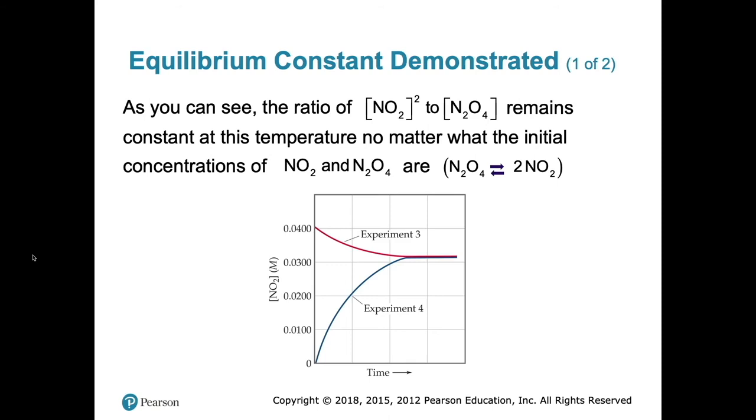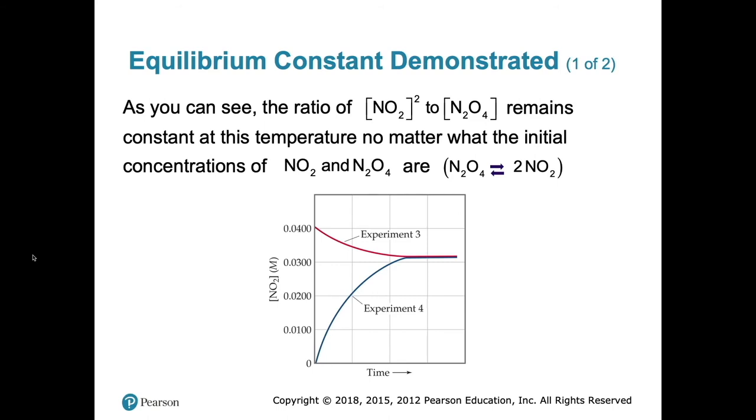In experiment 4, right here, we started out with no NO2 and we were getting more NO2. But over here, we're starting out with mostly NO2 and no N2O4. So it doesn't even matter that in one experiment we start with more NO2 and in the other we start with more N2O4.